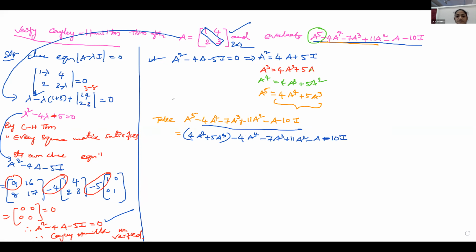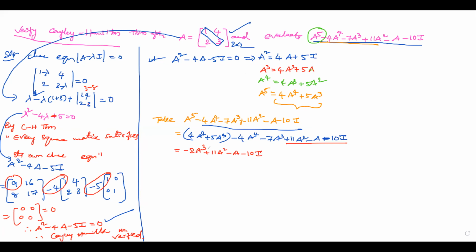Okay. Now simplify this one. After simplification, 4A power 4 minus 4A power 4 will get cancelled. Here we have 5A cube and minus 7A cube, so minus 2A cube, and the remaining polynomial is plus 11A square minus A minus 10I.